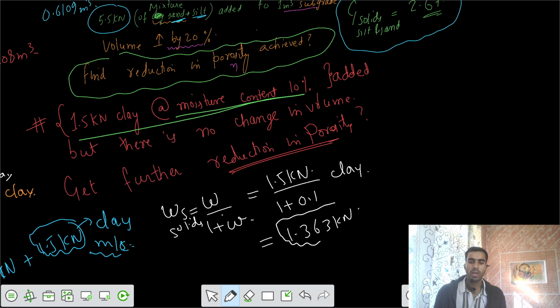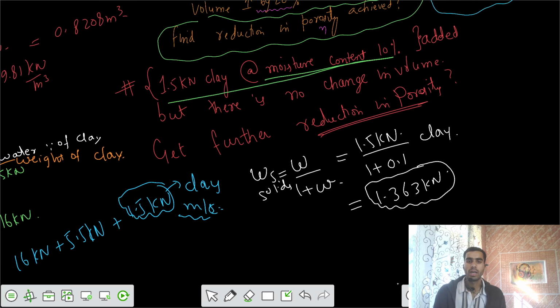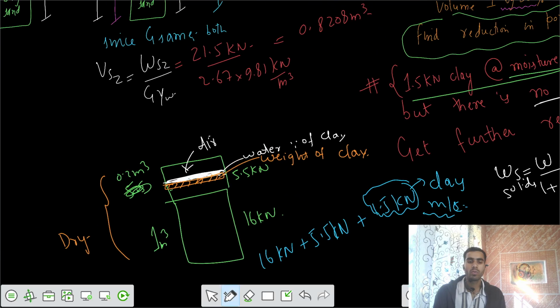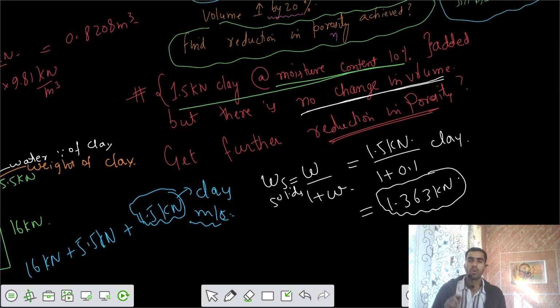So why do I want this amount of weight of solids? What is the need of this? It's saying that the volume is not going to change. Initially you had a volume of 1.2 meter cube, and it is not going to change. That means the weight of the clay solids would occupy some volume Vs of the clay.